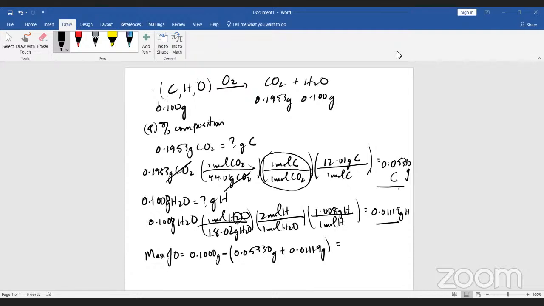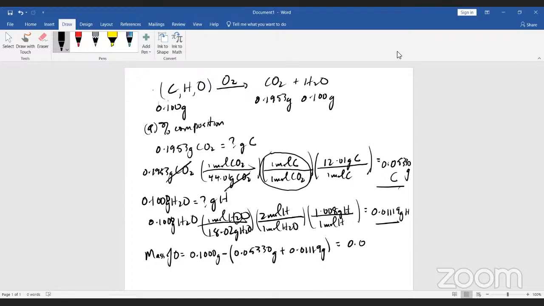So let me do that now. 0.1000 minus 0.05330 plus 0.01119. So according to my calculations, this works out to be equal to, and please do these calculations along with me because I could be totally wrong in my calculation here, but this is what I got.